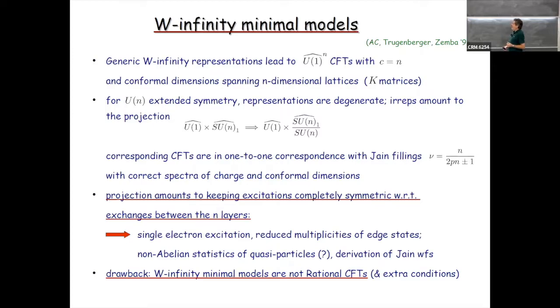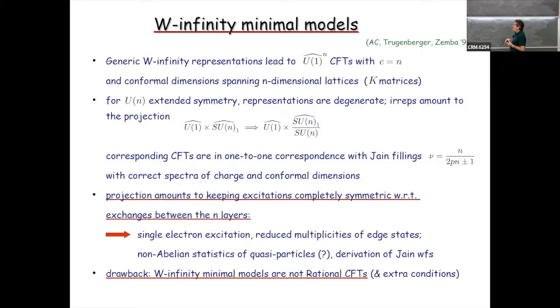Okay, and what is the physical meaning of this projection? Well, because you have this SU(N) symmetry, then you have n equivalent layers. Because you projected this away, you're left with just one excitation out of n. In particular, there is only one electron excitation instead of n electron excitations, which is a kind of mysterious property of the abelian theory.